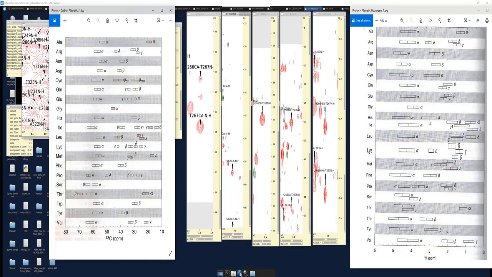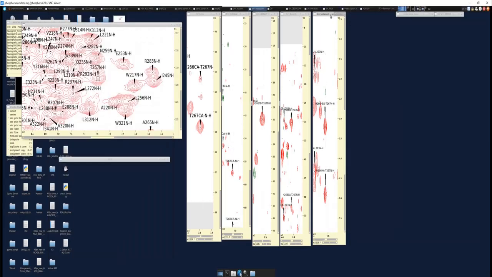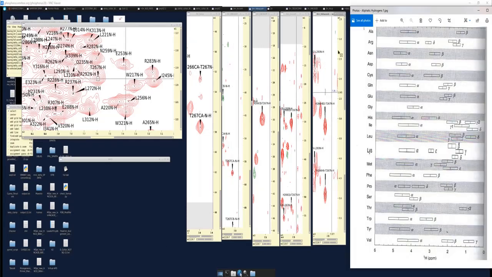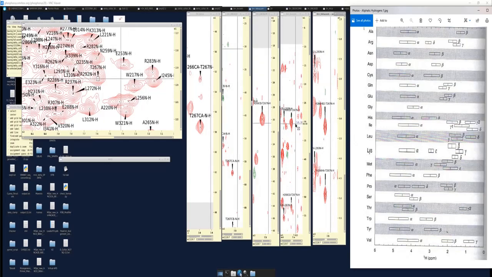If we look at histidine, we can see that its H alpha and H beta match, and cysteine, its H alpha and H beta match. So using just the H beta and H alpha, we were able to eliminate methionine. But say we don't have the HCCONH, so we can't eliminate the arginine, glutamine, or glutamic acid using the carbon values.